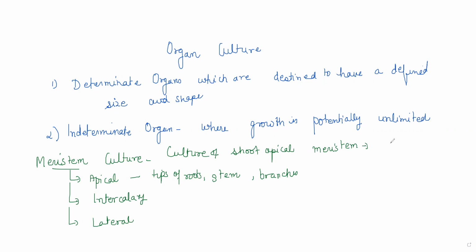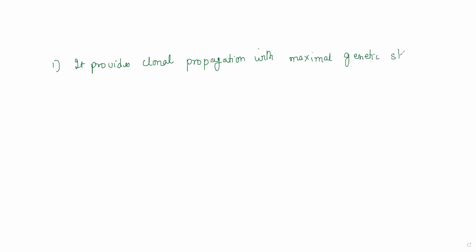Now, what are the advantages? Why are we using the meristem culture? The major advantage of using the meristem culture is that it provides clonal propagation with maximum genetic stability.